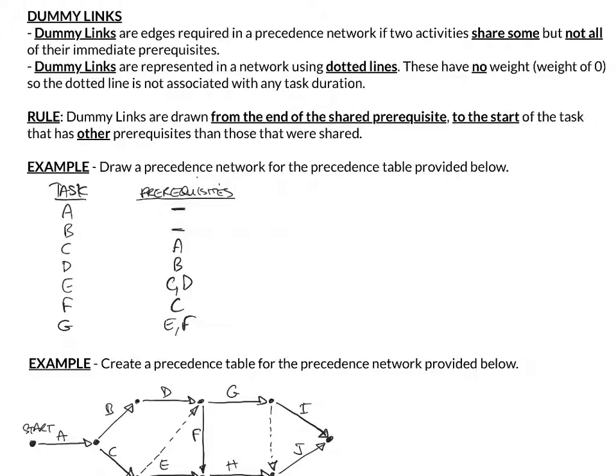Alright, so let's have a practice of that. And I'm going to show some of my thinking that's going to help me do that. So often I will try to circle the shared one, underline the other prerequisite, and this is my thinking. E and F share prerequisite of C, so I'm confirming that a dummy link is required on this diagram.